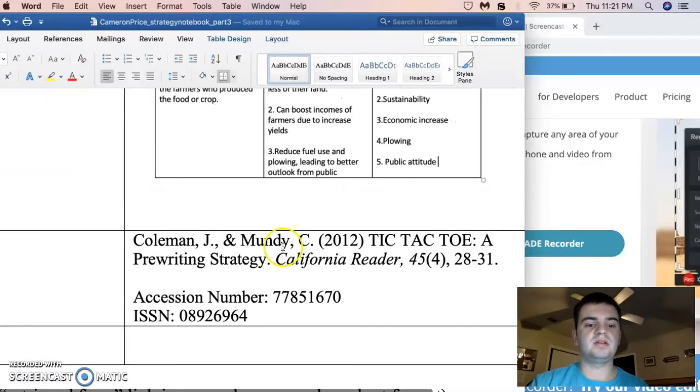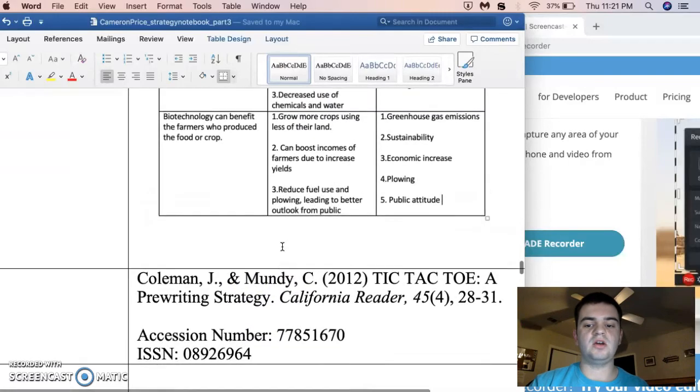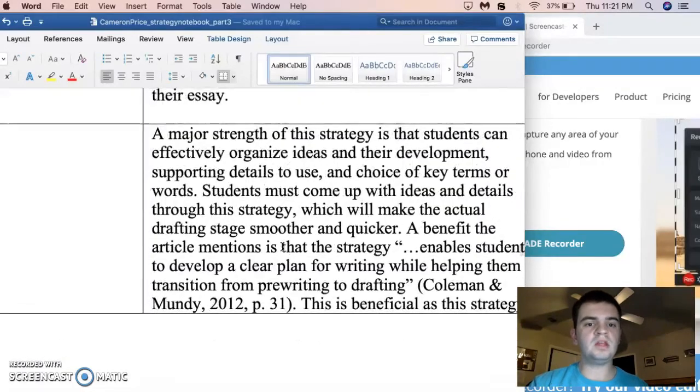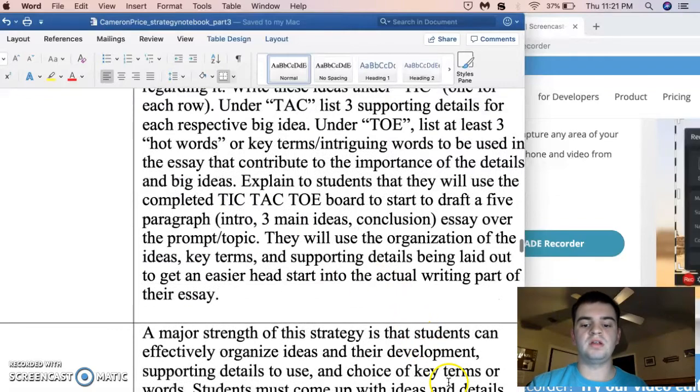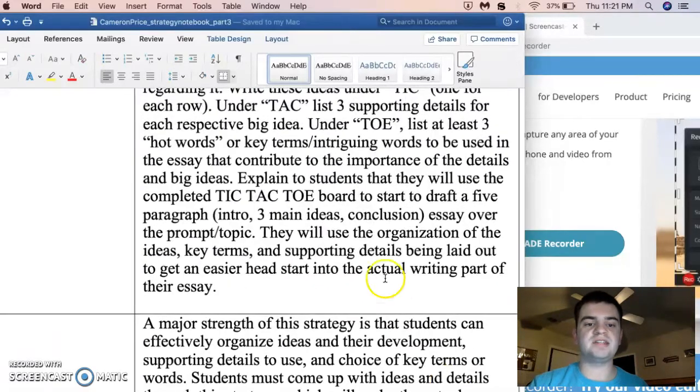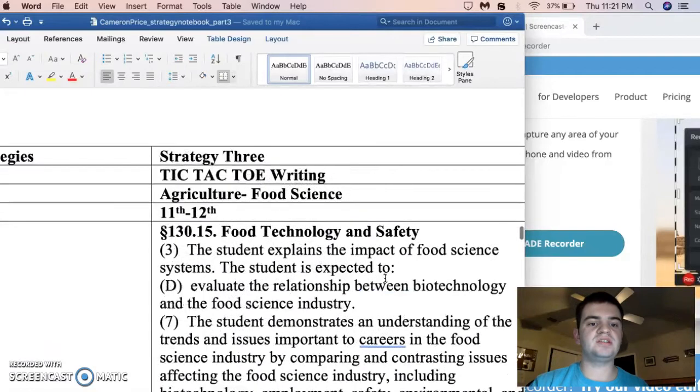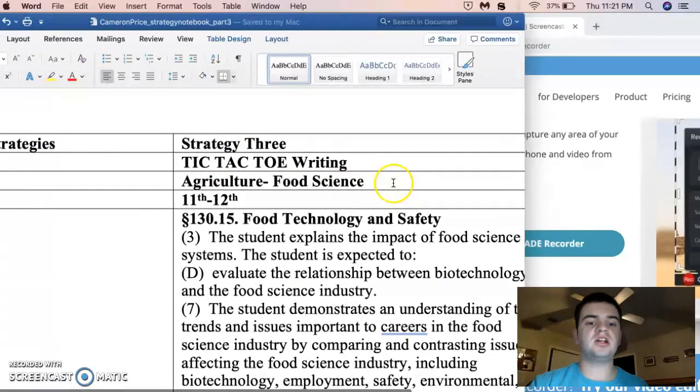And that was a resource and article I got it from. Once again, this was for the pre-writing and draft stages or the transition between the stages, and this was the tic-tac-toe writing strategy for the food science agriculture content area for 11th and 12th graders. Thank you.